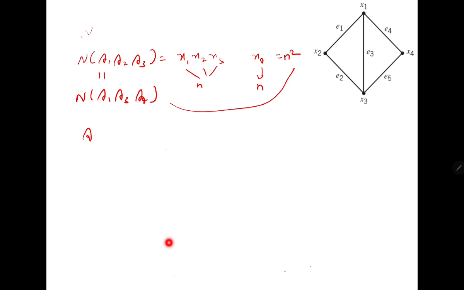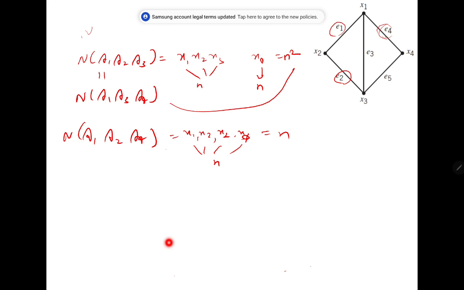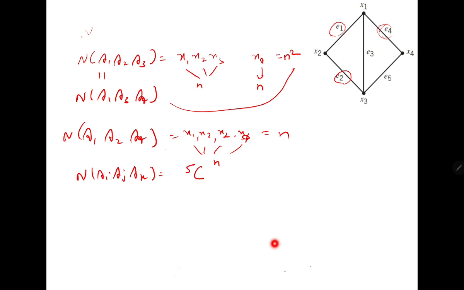But other than this, if I try anything, for example n of a1, a2, a4, you can see that all the endpoints are covered. In all other cases, all endpoints would be covered. It means the first one has n choices and the remaining would be given the same color, so it's n. It means for n of ai, aj, ak, there are 5C3 choices, of which 2 have n square and the rest have n.